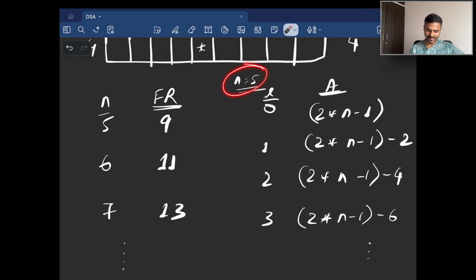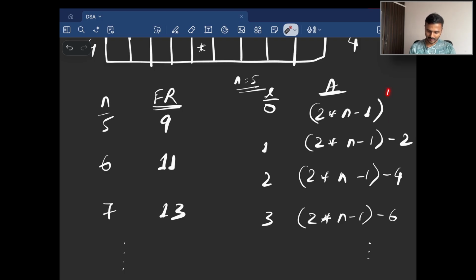So for n equal to 5, when i is 0, the number of asterisks is 2 multiplied by n minus 1. Then when i equal to 1, it is 2 multiplied by n minus 1, which is the number of asterisks in the previous row, minus 2. Then for i equal to 2, it is minus 4, because previous one had minus 2, minus 2 minus 2 is minus 4, and that is how we got this, right?